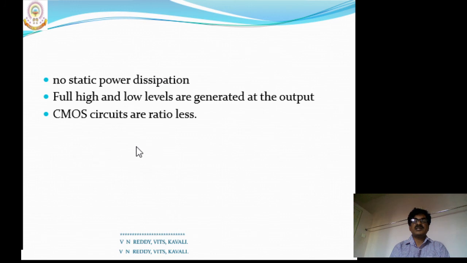And CMOS circuits are ratioless. Ratioless means you can observe perfectly symmetrical characteristics with this CMOS inverter, rather than other types of inverters. That is about the CMOS.